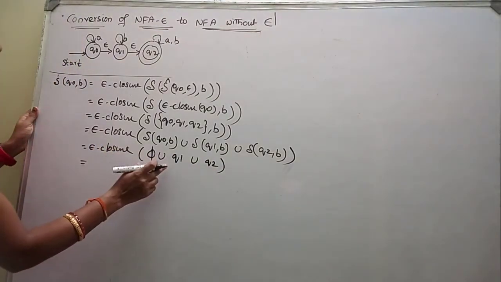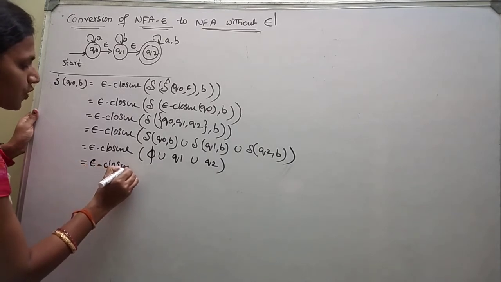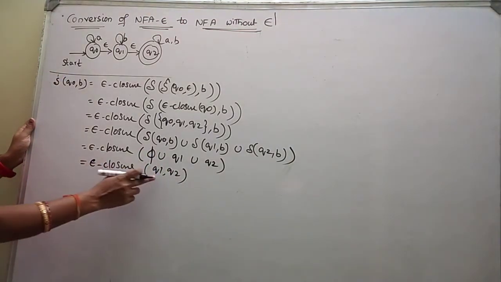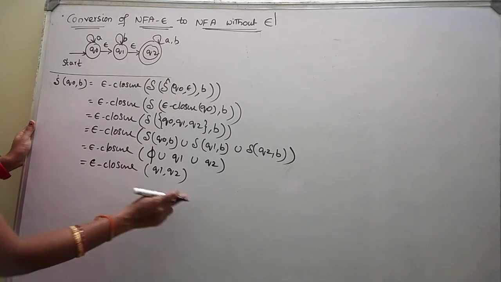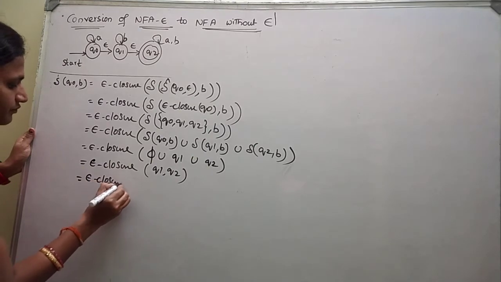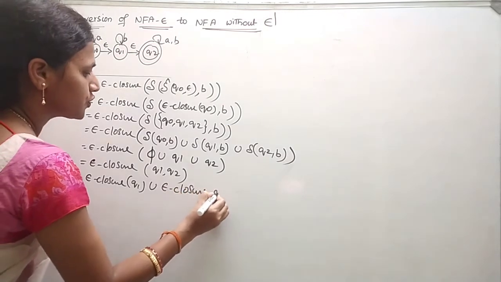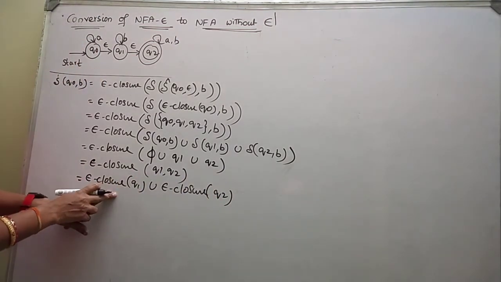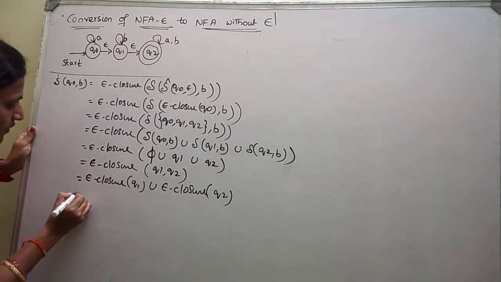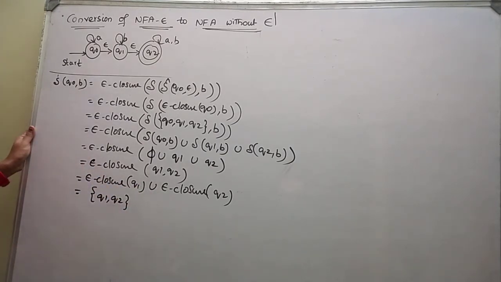Q1 union Q2 union phi is Q1 Q2. Epsilon closure of Q1 comma Q2 is epsilon closure of Q1 union epsilon closure of Q2. Epsilon closure of Q1 is Q1 Q2 and of Q2 is Q2 itself. So finally we get Q1 Q2 as the resultant state.